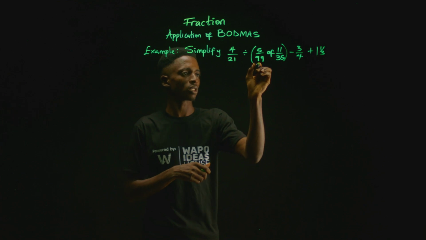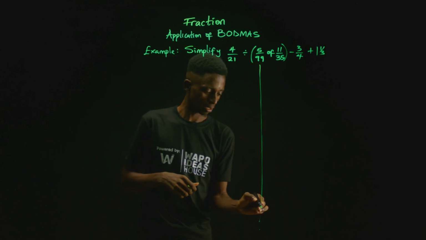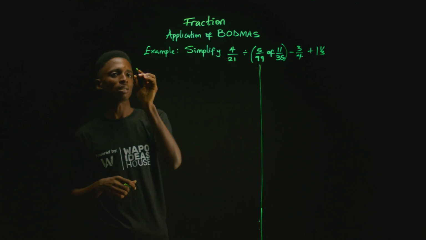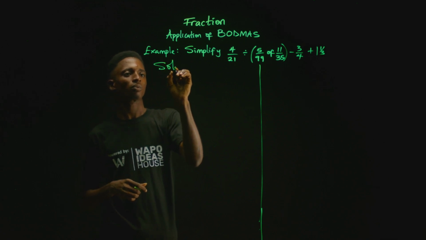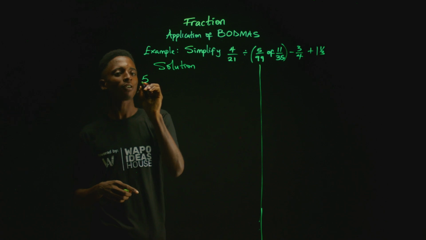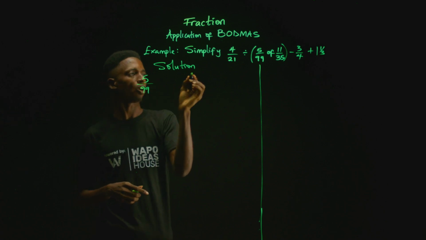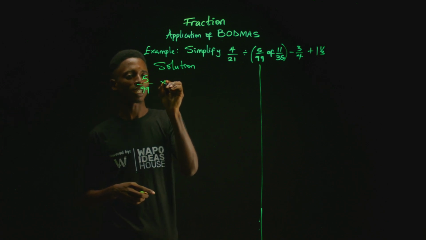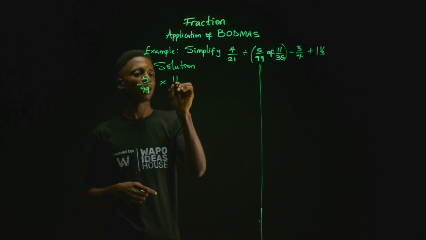So to solve this, we start with the bracket. Let's simplify what is in the bracket. In the bracket, we have 5 over 99 of, which I can write as multiplied by 11 over 35.